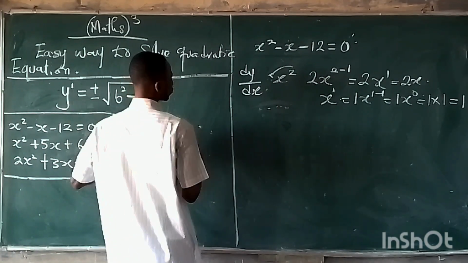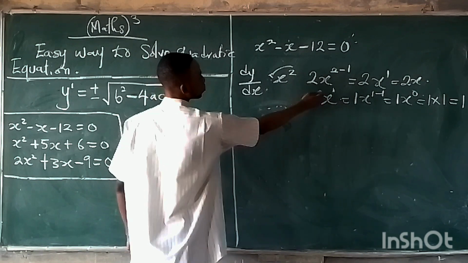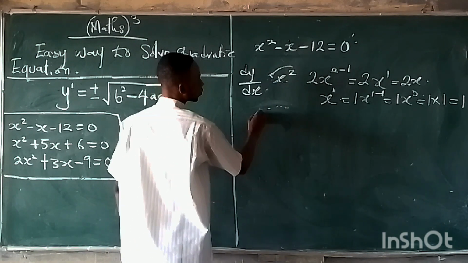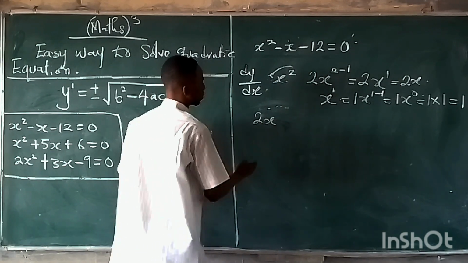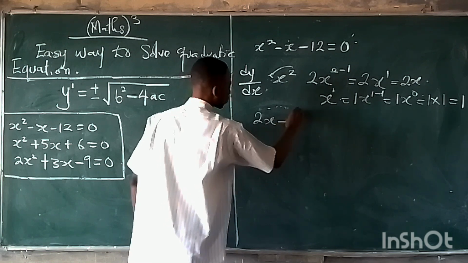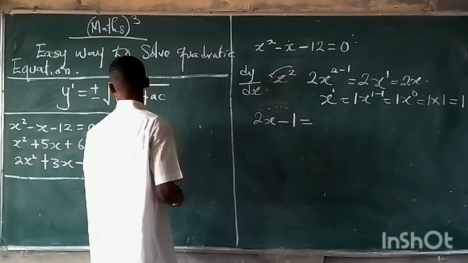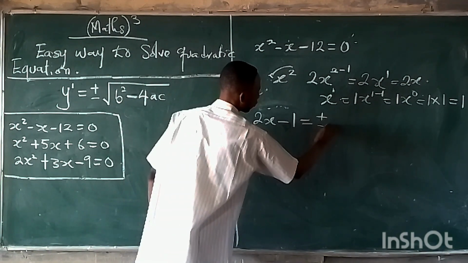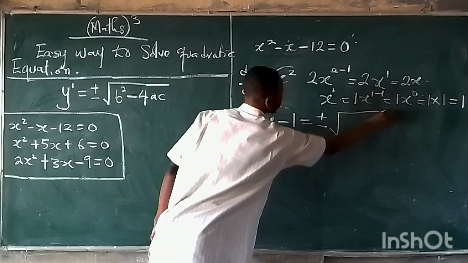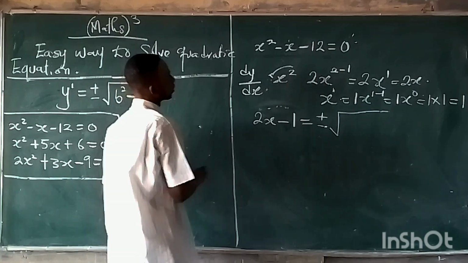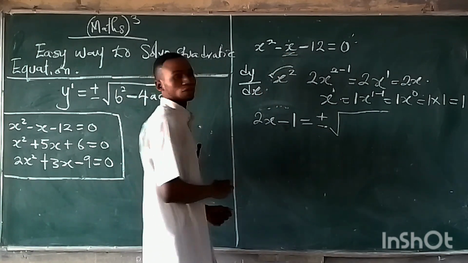So with the logic of using the formula, we write the differentiation of this expression, which is 2x minus 1, equals plus or minus the square root of b squared minus 4ac. The b here is the second coefficient.